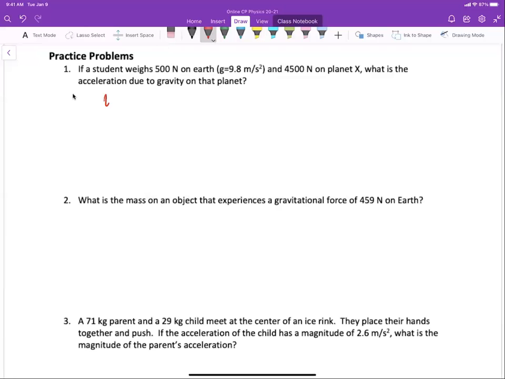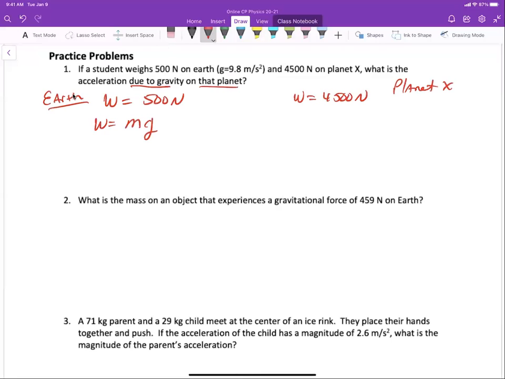So if a student weighs 500 newtons on Earth, so this is all on Earth, and weighs 4,500 newtons on planet X, what is the acceleration due to gravity on that planet? So we know that weight is equal to its mass times acceleration. This is on Earth.